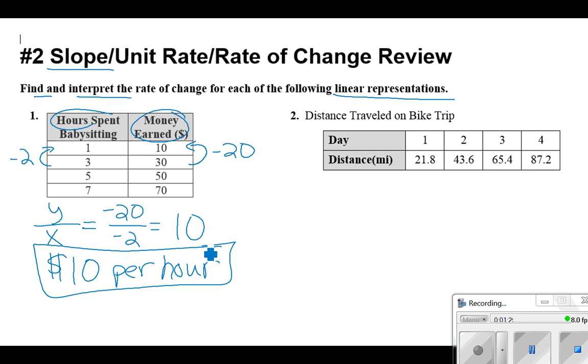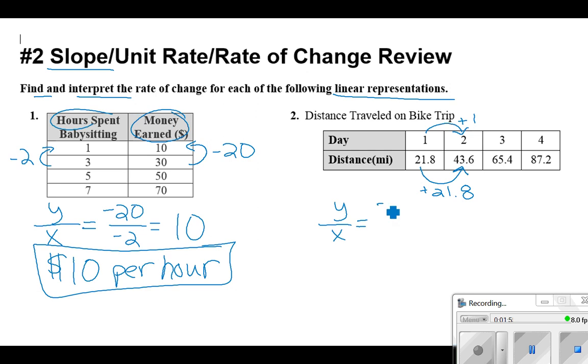Question 2. Distance traveled on a bike trip. Again, we're going to use y over x. And this time I'm going to go this direction. For the y value, I am increasing by 21.8. The x value is increasing by 1.